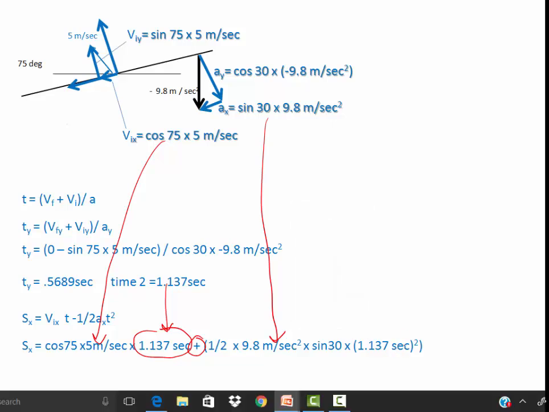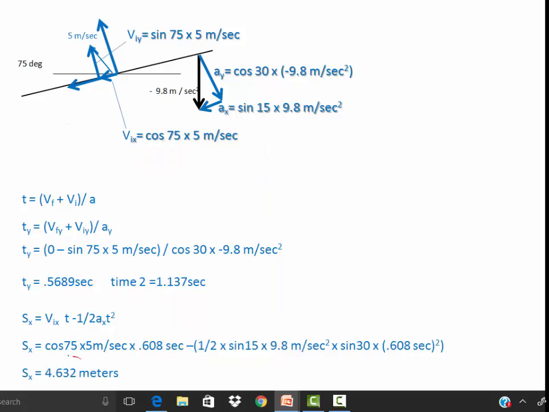So seconds squared will cancel out with seconds squared, and so we're left with meters, and then seconds will cancel out with seconds, and we're left with meters. So we get that Joe threw the ball 4.632 meters.